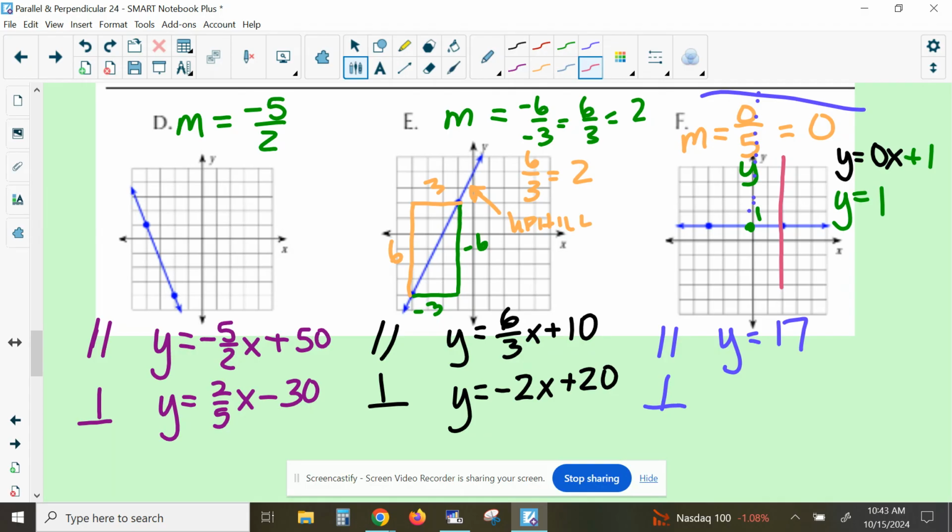The zero's on the bottom, which makes it undefined, so it's illegal. So remember, we write x equals, where does it cross? The x-axis. What number is that? 2. It crosses at 2, right? Because that's a 2 right there. Okay, so this line would be x equals 2.